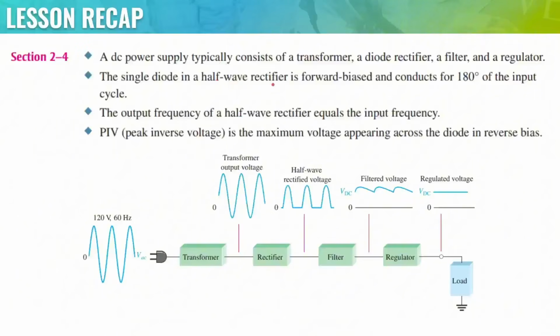A half wave rectifier is usually represented by one diode. The output frequency of a half wave rectifier equals the input frequency. And the peak inverse voltage is the maximum voltage appearing across the diode in reverse bias.